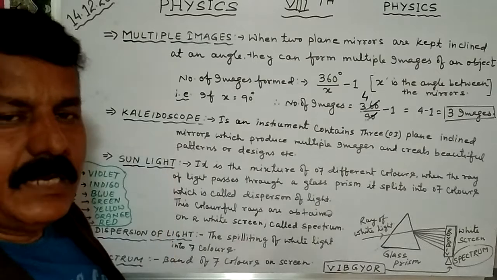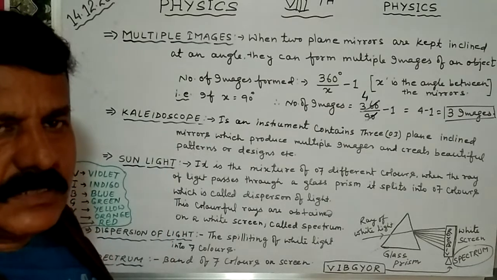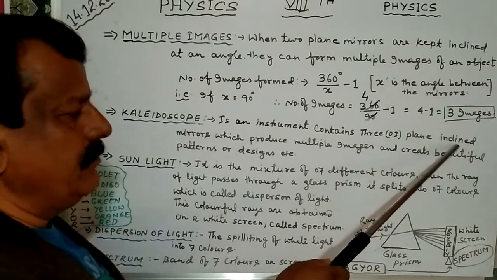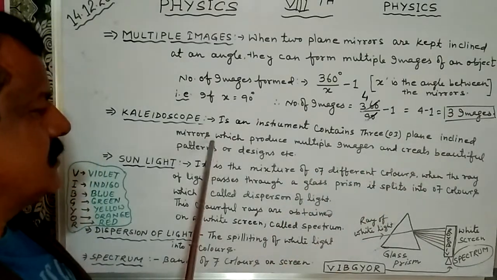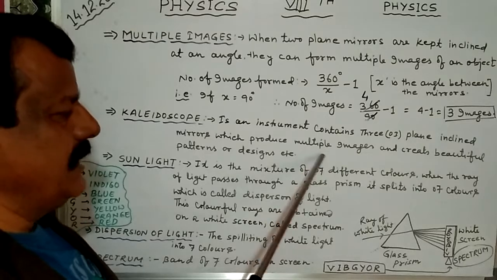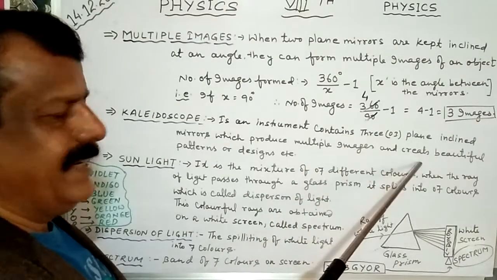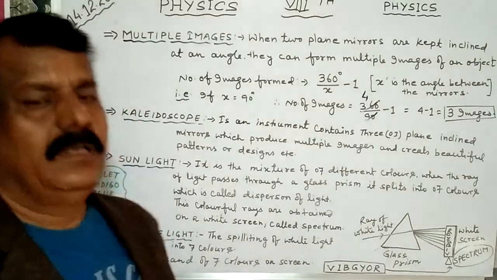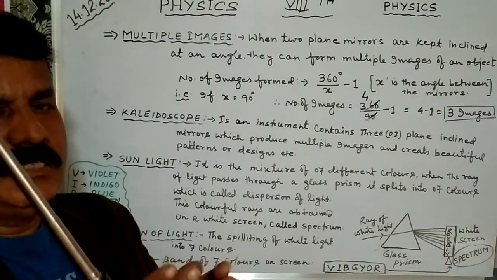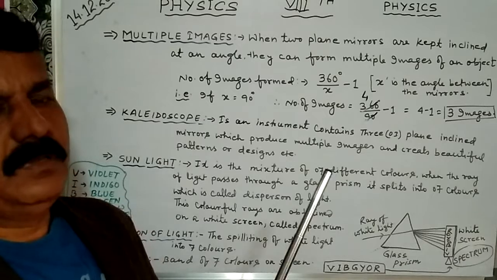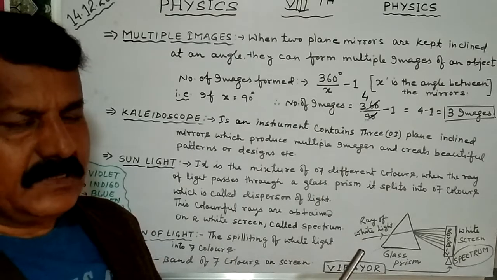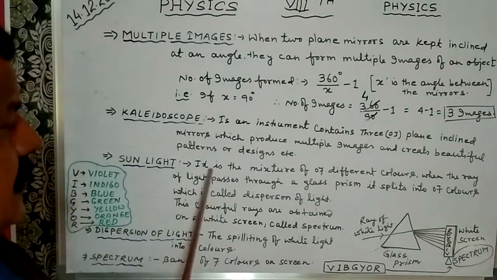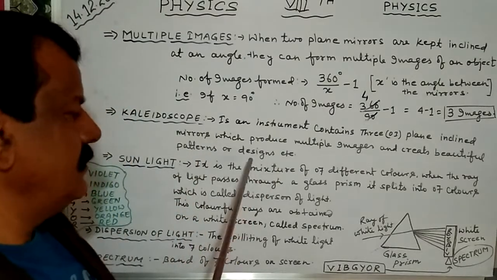A kaleidoscope is an example of multiple images. It is an instrument that contains 3 plane inclined mirrors which produce multiple images and create beautiful patterns or designs.